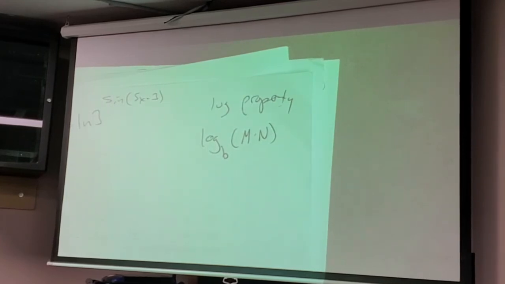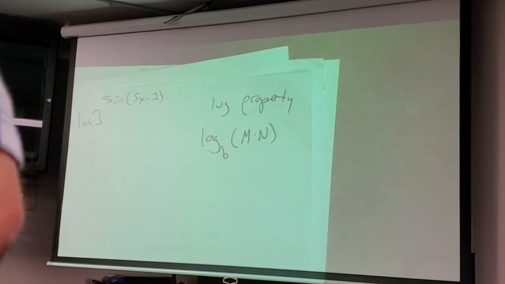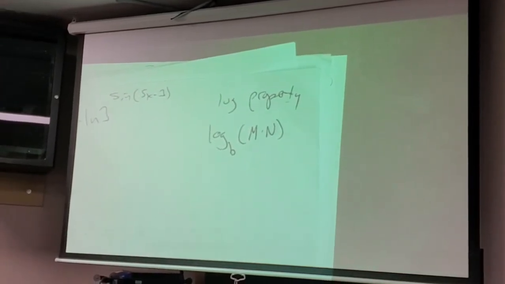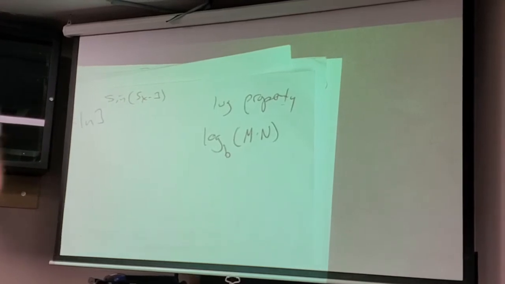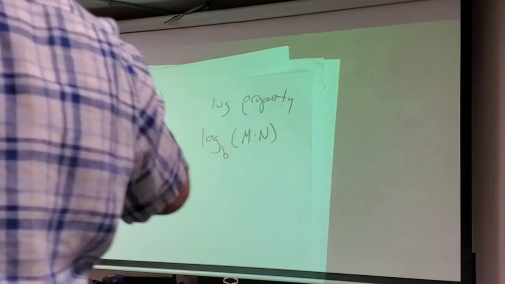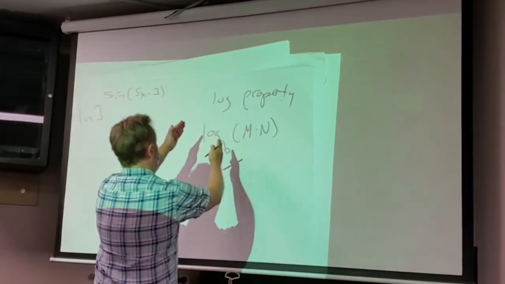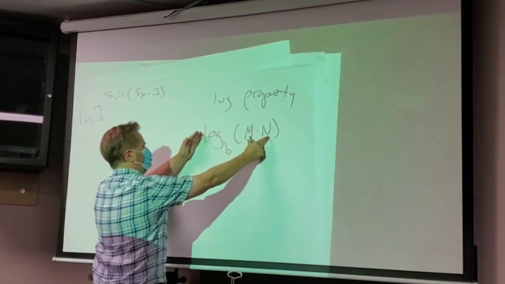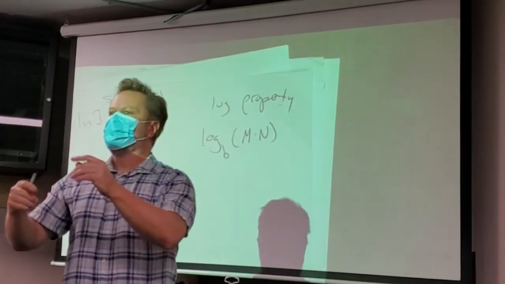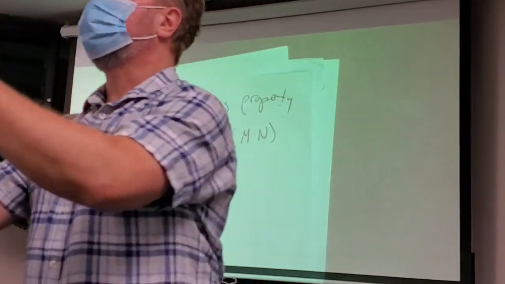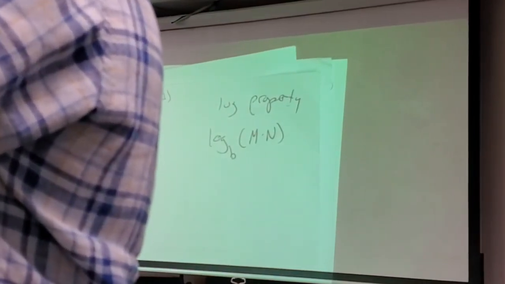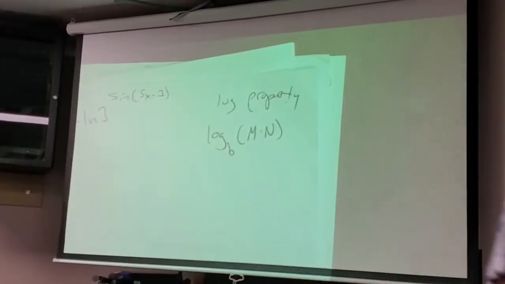Because that is the power that 3 needs to become 9. So what is a log? A power. So what are the properties of logs? The properties of powers, because logs are powers. What do I do with the powers when I multiply two things with the same base? So what's x squared times x to the 7th? You add them.